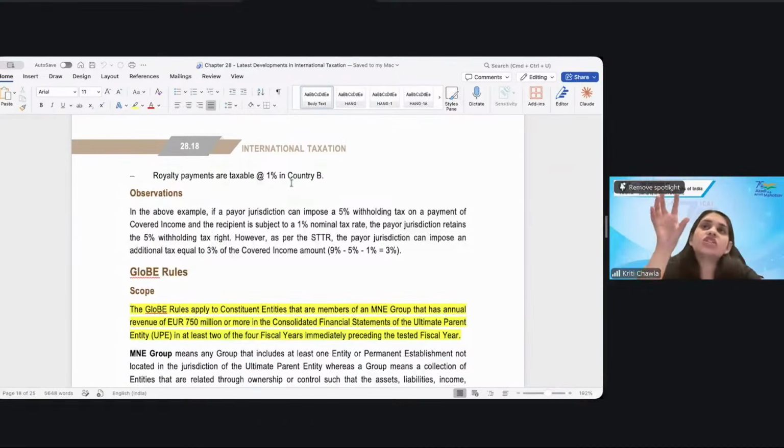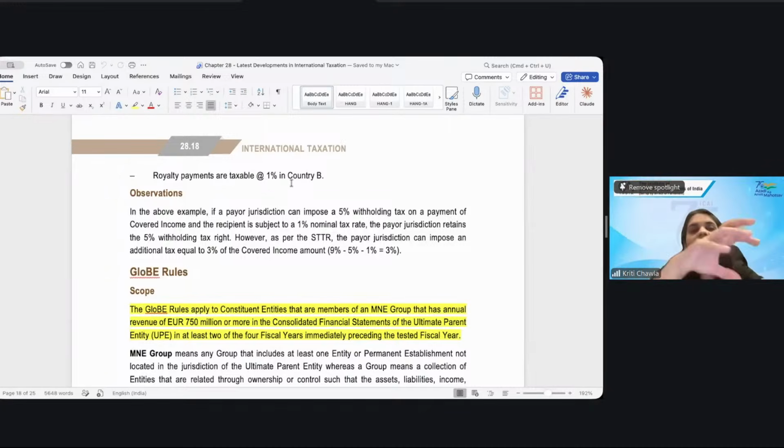Now, in this particular situation, the payer jurisdiction, which is country A, can impose a withholding tax of 5% on payment of covered income. Covered income is royalty in this particular situation, and the recipient is subject to a 1% nominal tax rate. The payer jurisdiction retains 5% withholding tax.